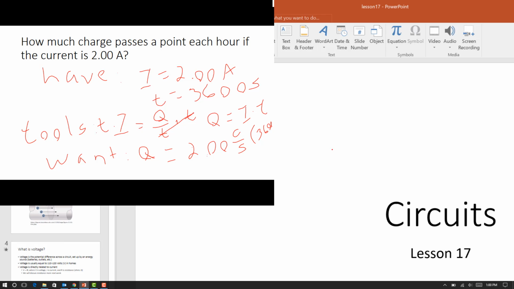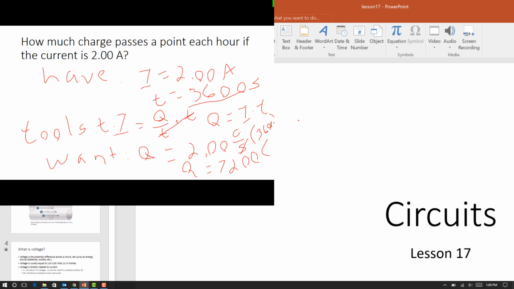The S's will cancel, and we will get that Q is equal to 7,200 coulombs.